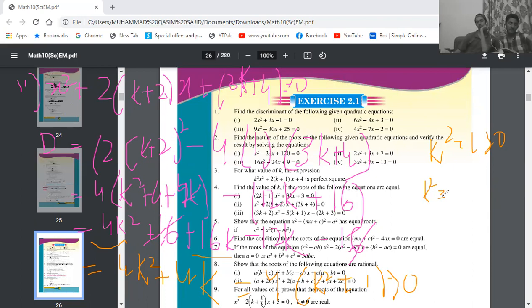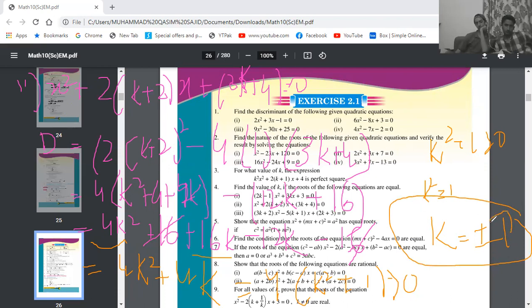So k square plus 1 is greater than 0. From here, taking k square equals to 1, so k equals plus minus 1. So these are basically the values.